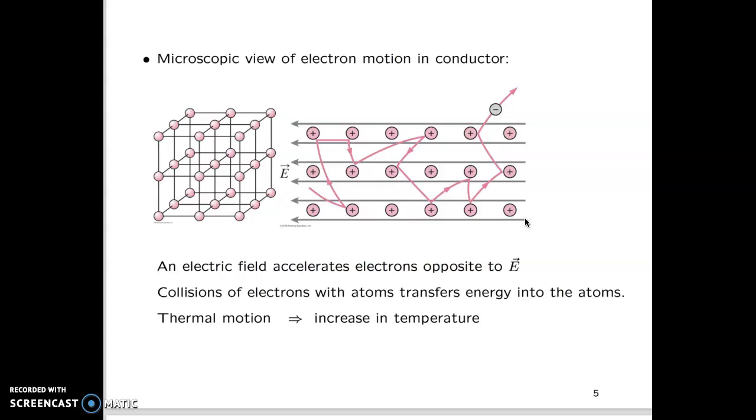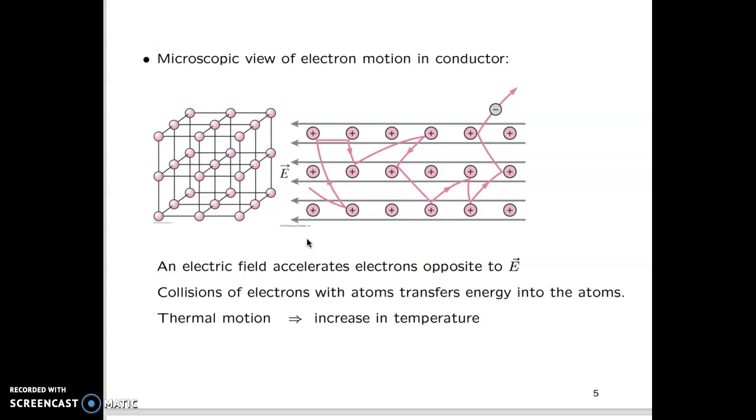So the direction of the force and therefore the acceleration will be opposite, in this case to the right, as opposed to with the electric field, which is pointing to the left.